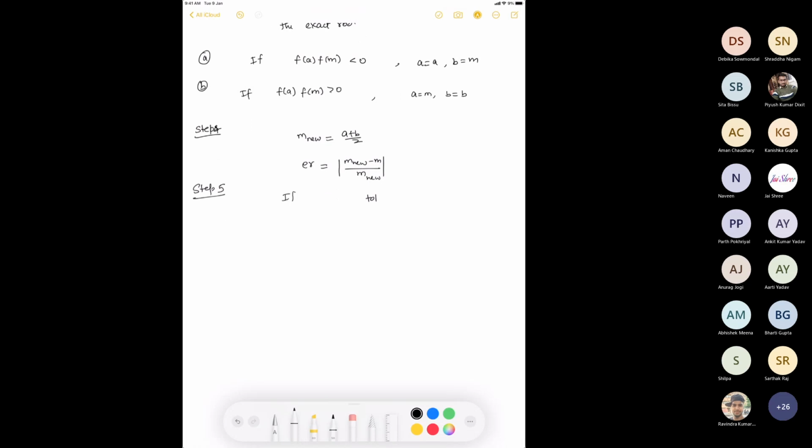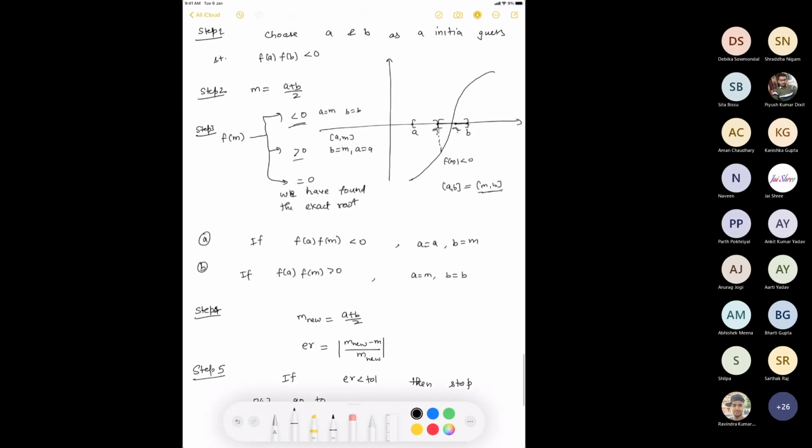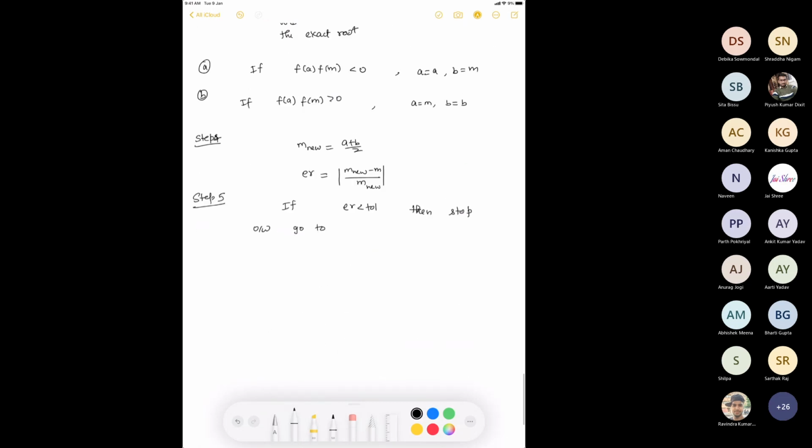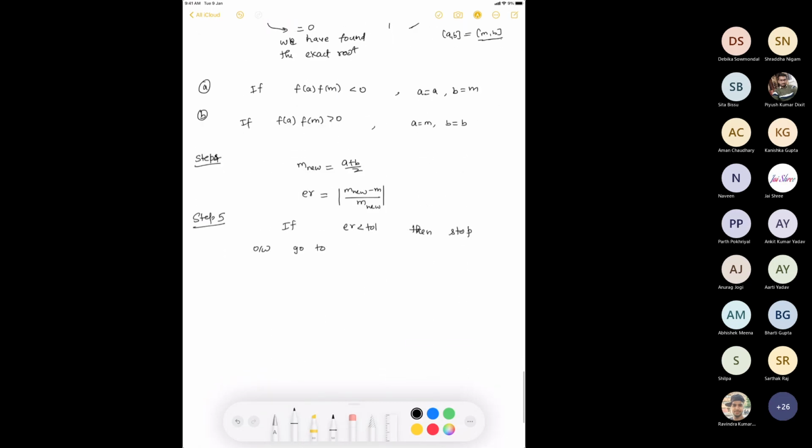So if this error which I've computed here is less than tolerance, which is a prescribed value, then stop this algorithm. Otherwise, you have to repeat the same procedure. You have to again find the F evaluation of M, and then you have to again check the sign, and you have to repeat this same algorithm. So you have to go to step 3.